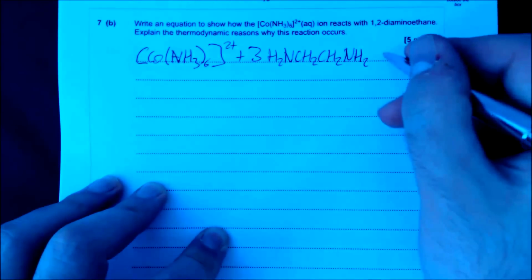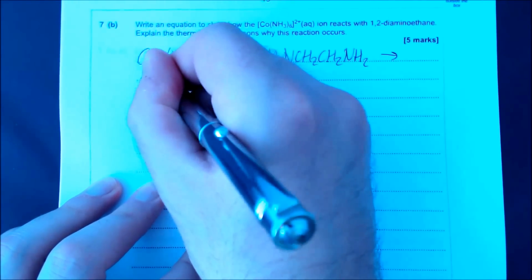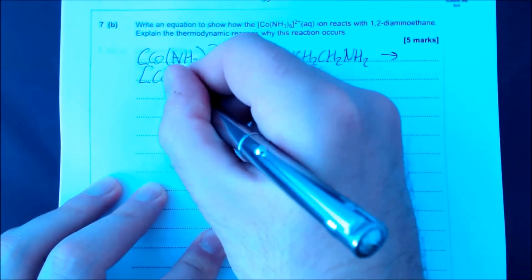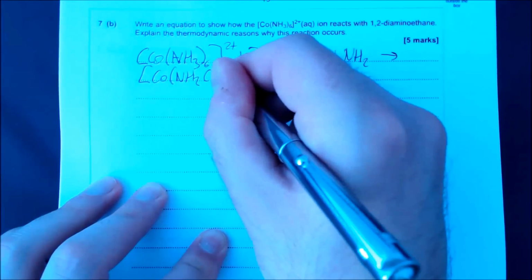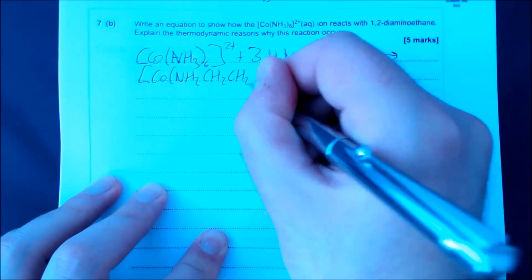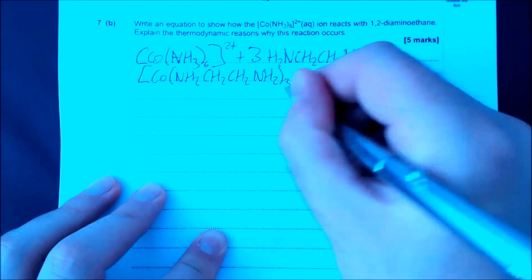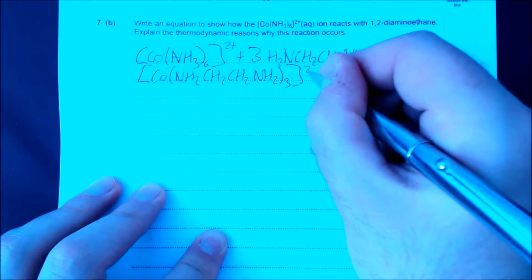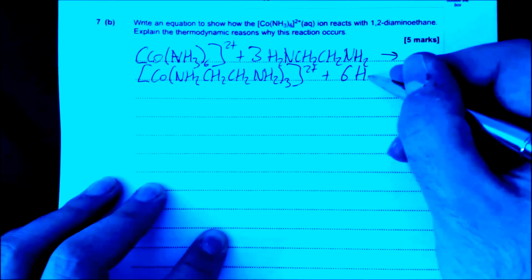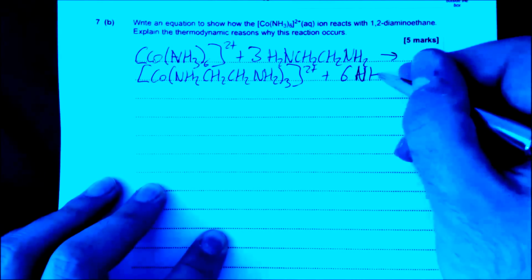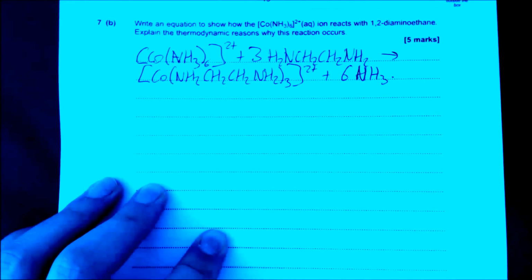Okay, so there's our ligand, and this is obviously going to produce this complex here, and this is going to be NH2 CH2 CH2 NH2, the big molecules, and a 2+ charge. There you go. And obviously our ammonias have been displaced. So there is our reaction there.